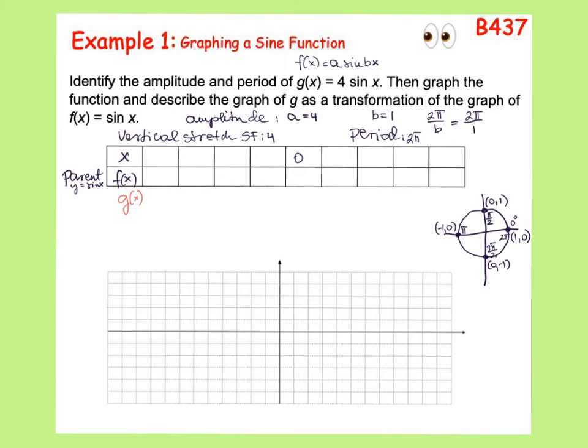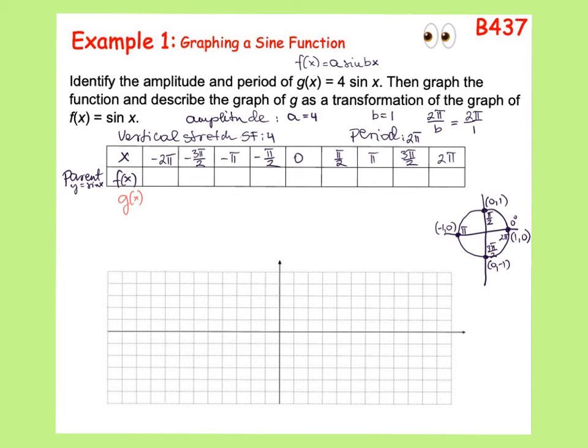And as I said on the unit circle, I'm going to start with 0, pi over 2, pi, 3 pi over 2, and 2 pi. So those will be my x values. Then in the negative direction: negative pi over 2, negative pi, negative 3 pi over 2, and negative 2 pi.